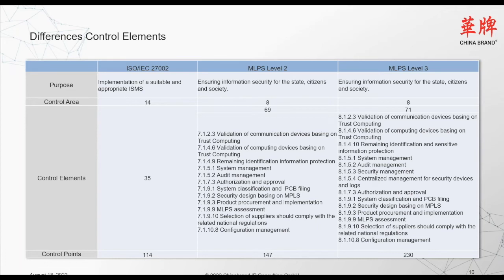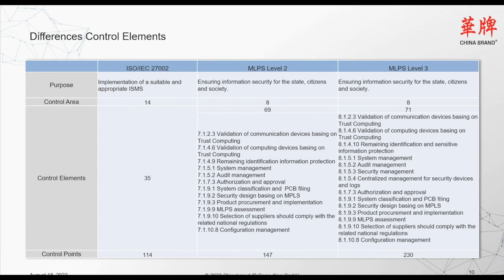Of course, this terminology, control area, control elements, control points, comes from the ISO standard series. It's not used in the MLPS, but it still can be called like that, actually. So the control elements that you see listed here are the ones that cannot be found in the ISO 27002.